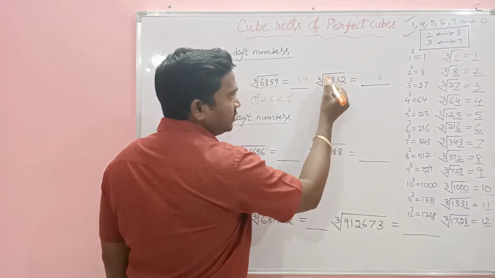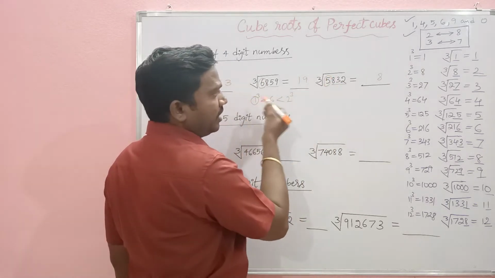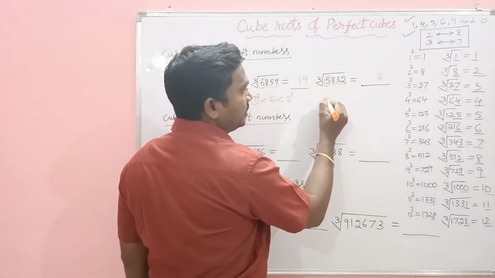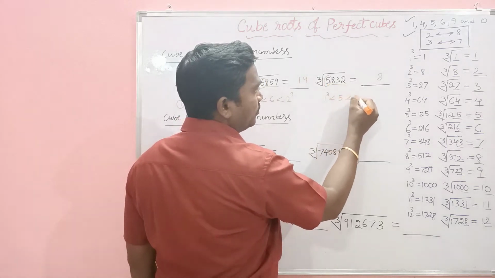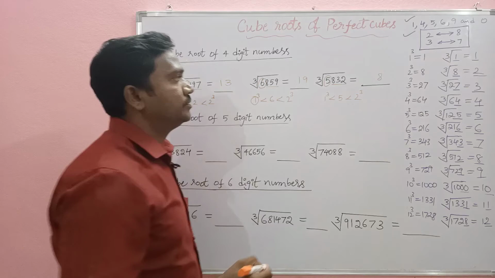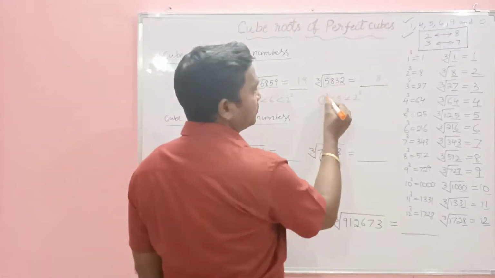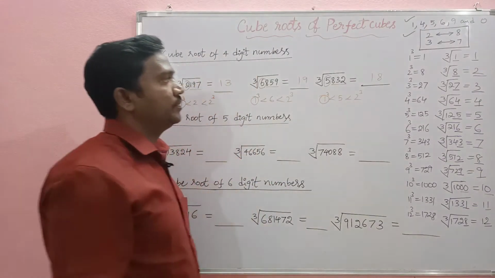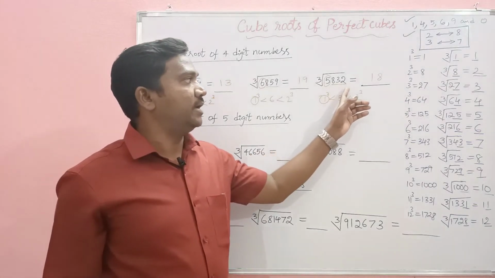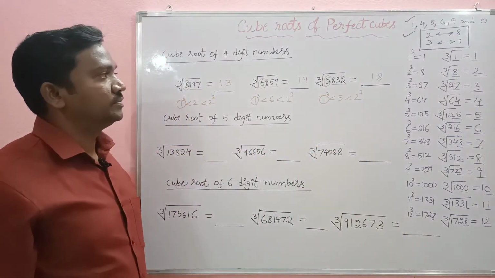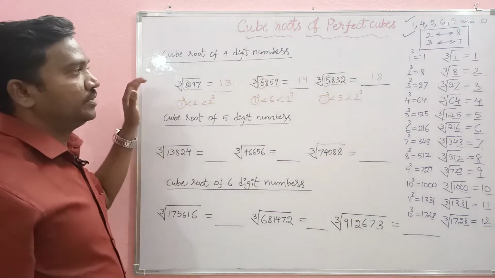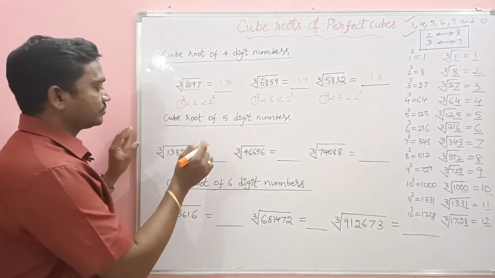Now just before we have seen that this 5 lies between 1 cube and 2 cube. So we have to take the smallest number. So cube root of 5832 is equal to 18. See how simple the solution is.